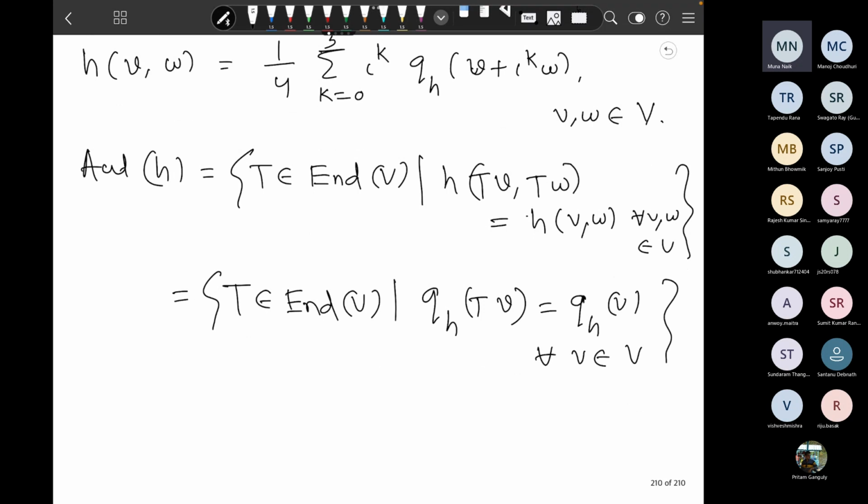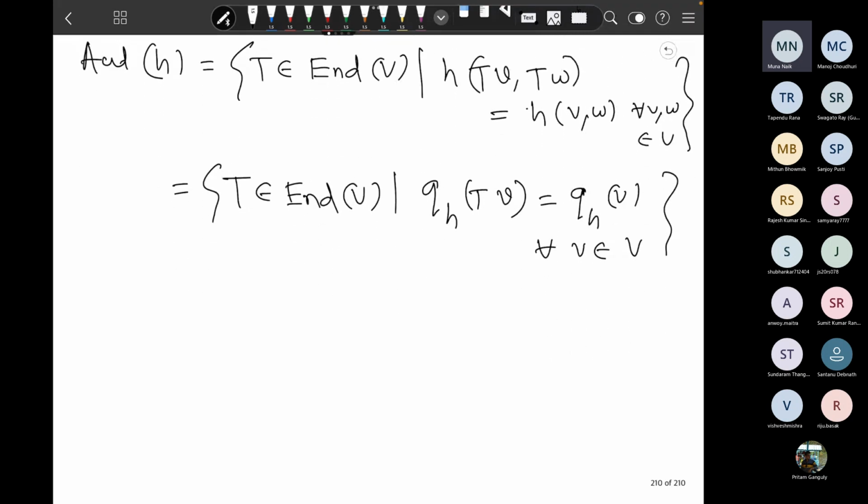It says that T preserves the Hermitian form if and only if it preserves the quadratic form.